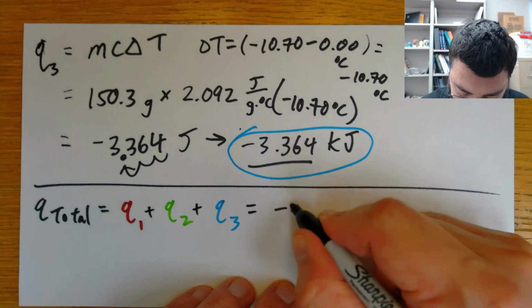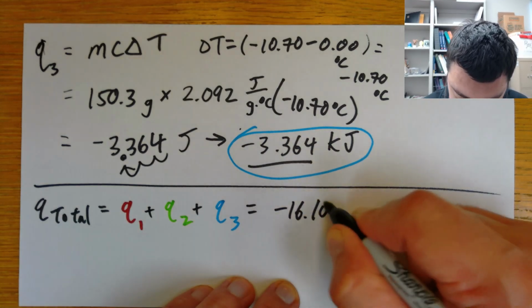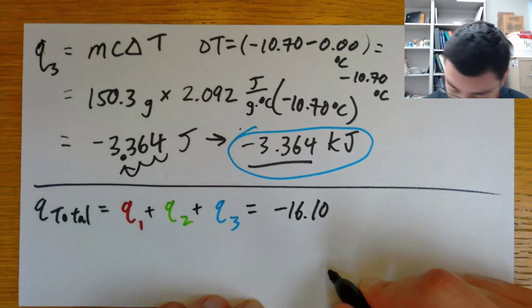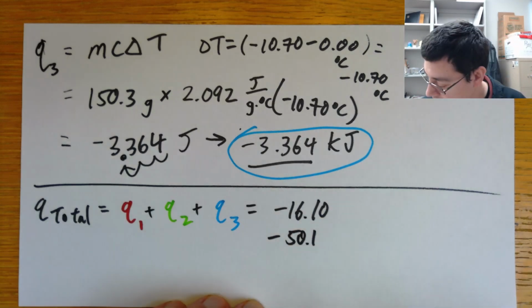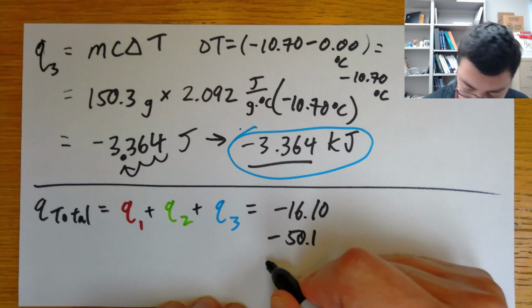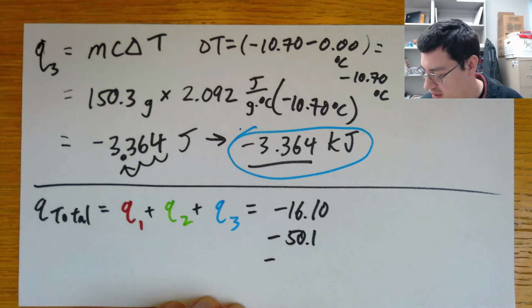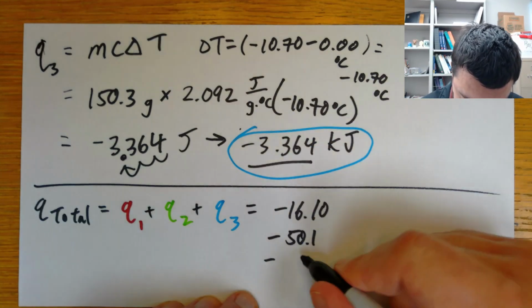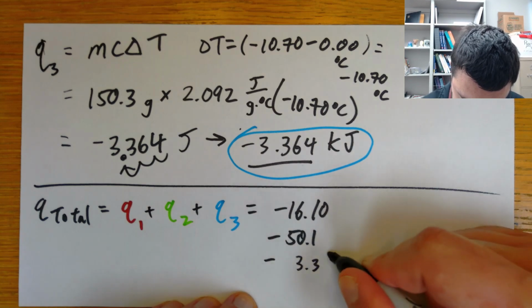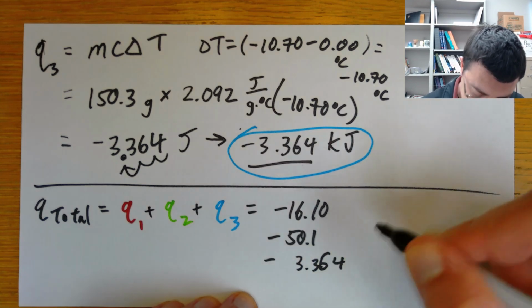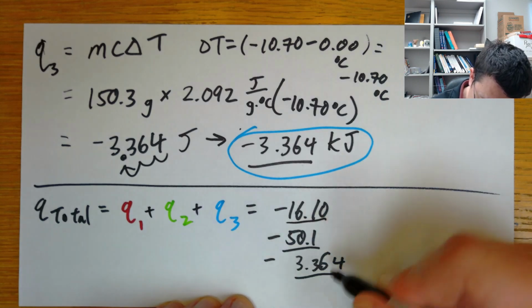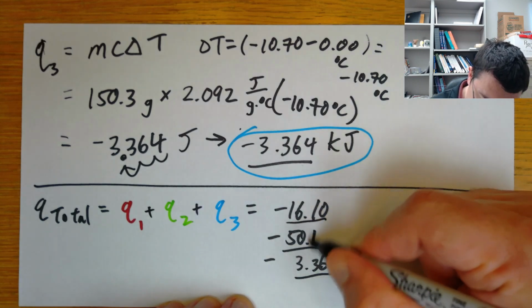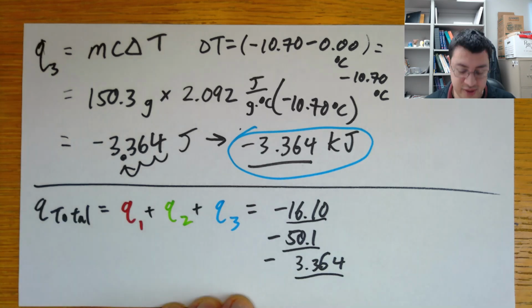Okay, so we had a negative 16.10, and then 50.1, and then a, what was it, 3, oh, it's right there, 3.364. Okay, so sig figs, they're going to end in the 10th place.